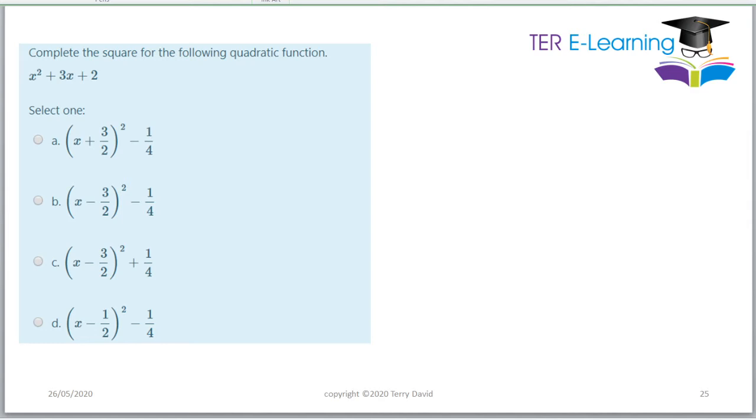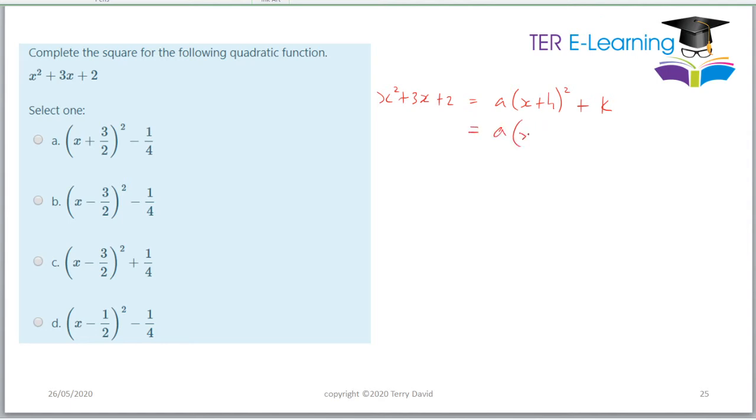Let's see. So Sharice is saying B. So the first thing you need to do, you need to say x squared plus 3x plus 2 is equal to a, open brackets, x plus h squared plus k, right? This is what we're going to do here. So by now you should know how to expand this.